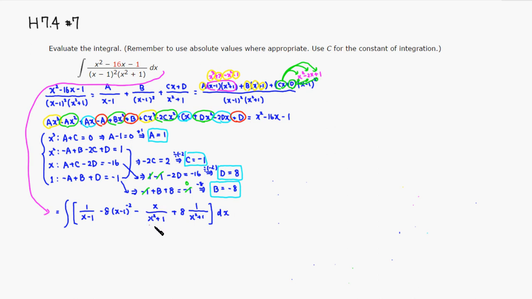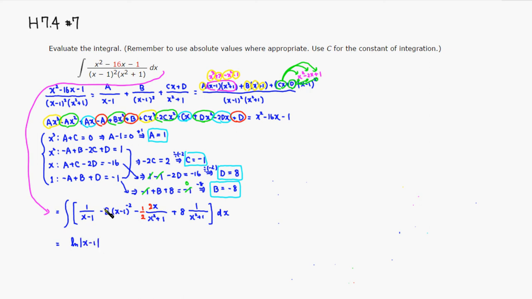Then I'm going to do a little bit of an adjustment here. Since I want a g prime of x over g of x format, the derivative of x squared plus 1 is 2x. So I would like to have 2 here. So multiply by 2 and divide by 2. So we'll get this. Antiderivative of 1 over x minus 1 is natural log of absolute value of x minus 1.